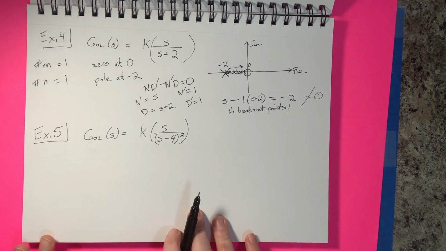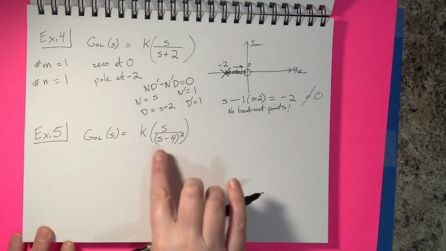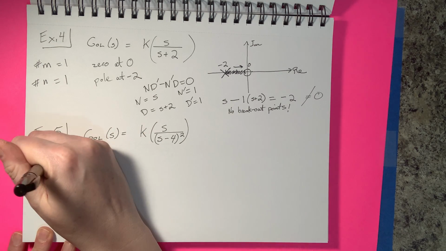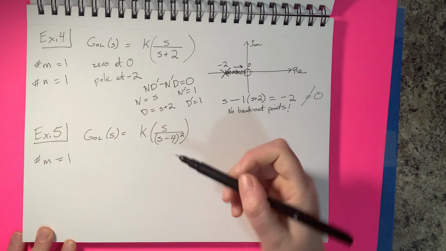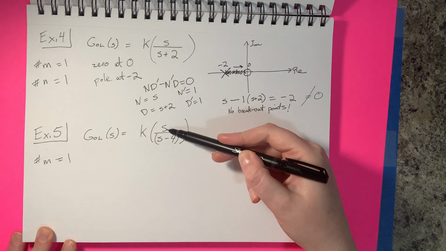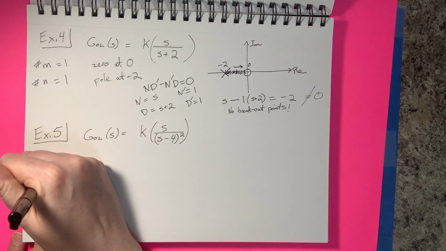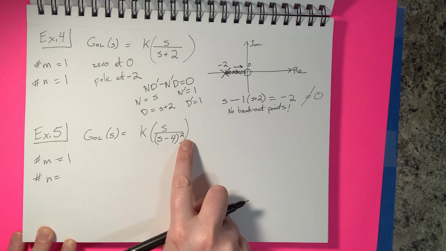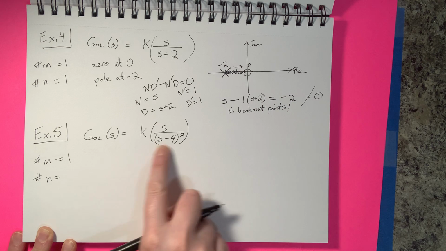Okay. All right. Example 5, we have this situation right here. So number m equals 1 because we have just an s on the top, so it's a first order equation. Number n equals 2 because if we were to FOIL this out, we would see we have an s squared term as our highest order.